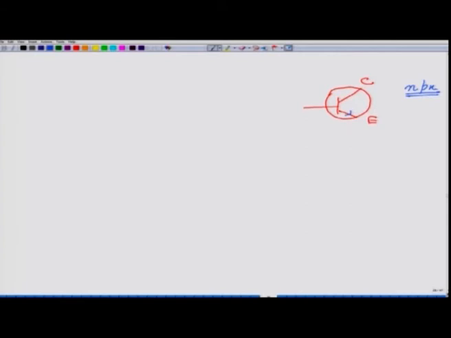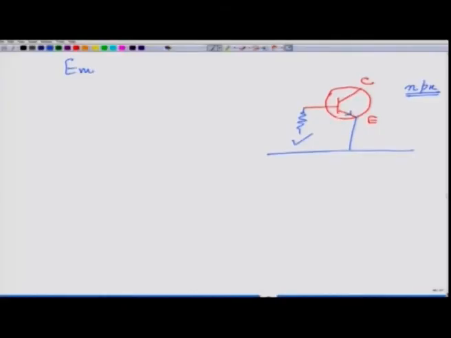So, let me connect the circuit and make the circuit like this, and this is my input side. Let me put a resistor and then a battery here. I have to put a battery here, and I want to make this PN junction, that emitter base junction, forward bias.